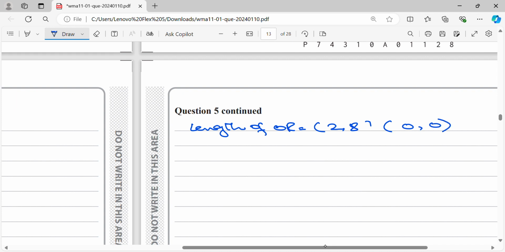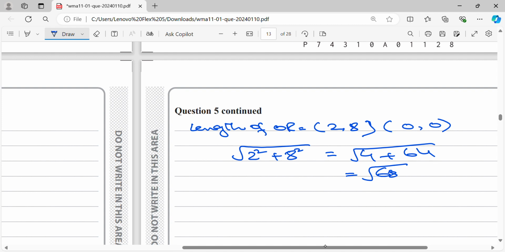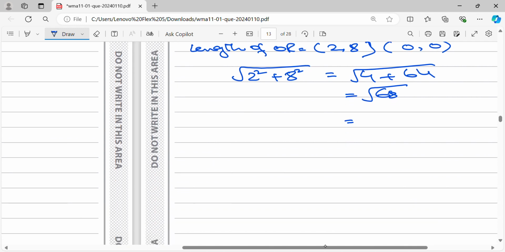If you subtract from 0, you'll get the same thing. So 2 squared plus 8 squared, which is 4 plus 64, and that is 68. Alright, and square root of 68. Definitely, I do not have to give the answer in decimal form. I need to find the exact value.